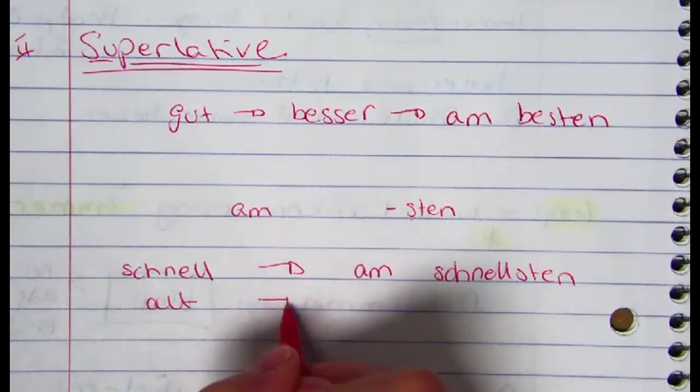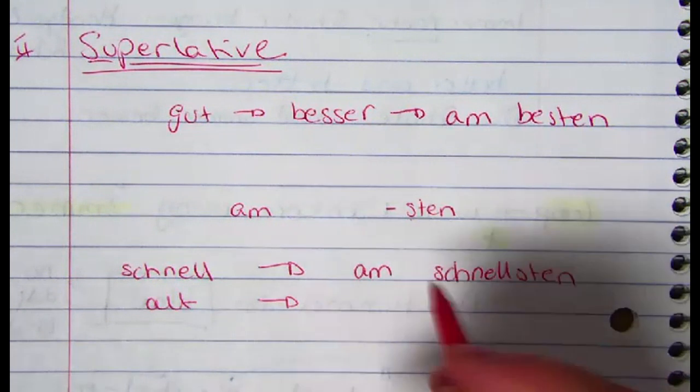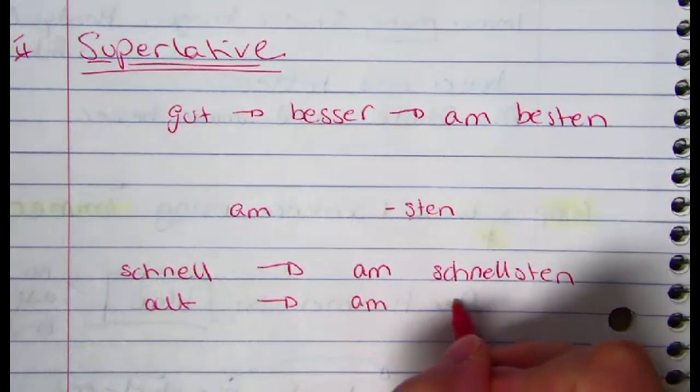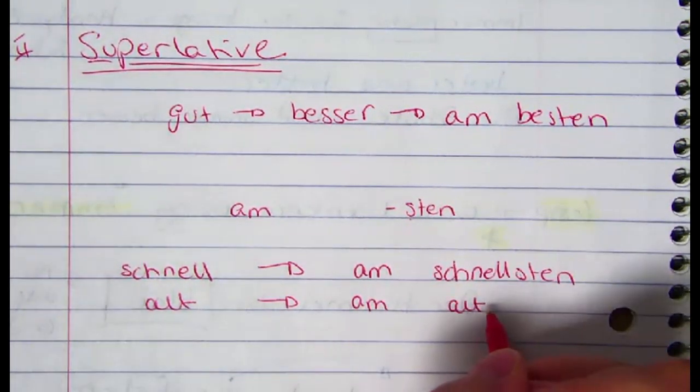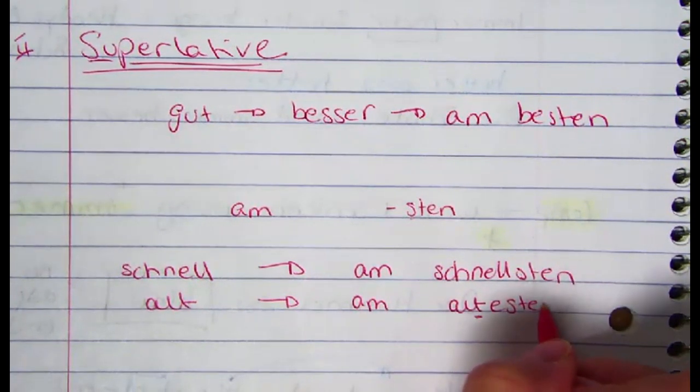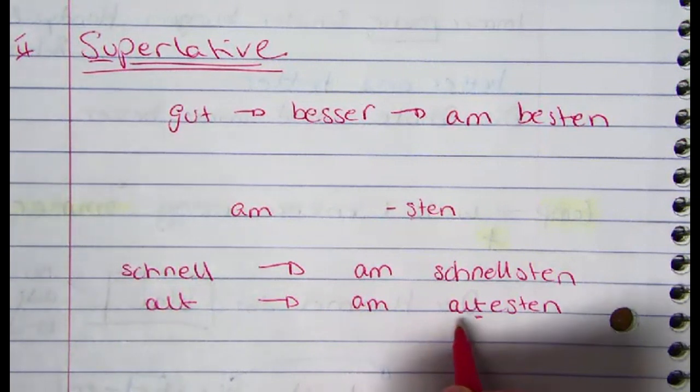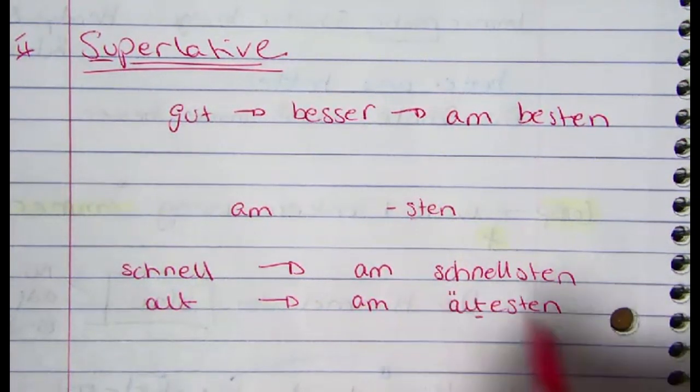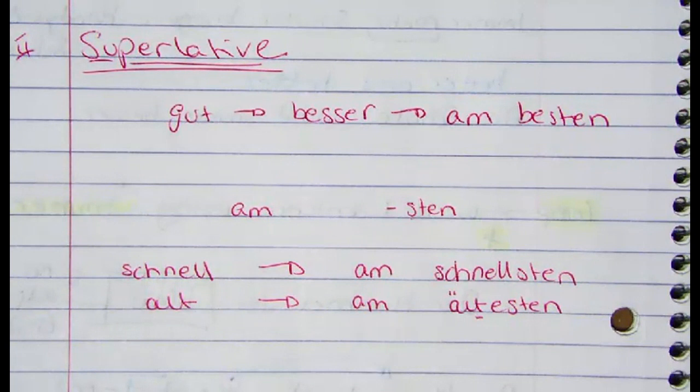I'm going to show you another one. We have alt. Whenever we do alt, you're going to write am alt, and then we're adding an extra E because of that T, and it's a single syllable, so the same rule applies as in comparative. So we have am ältesten.